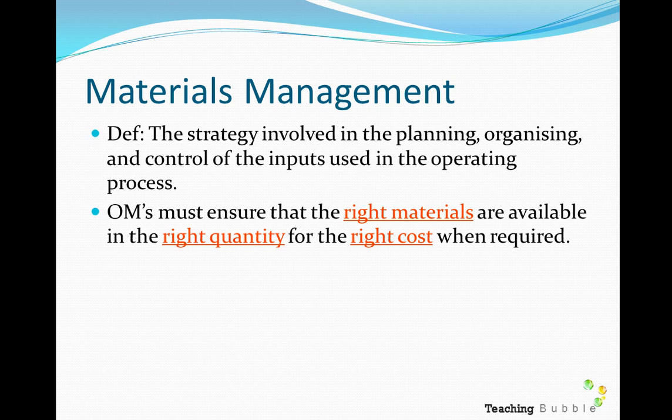But essentially you need all the correct materials so that production can continue. You need the right quantity. One, you don't want not enough, because then production will have to stop and you'll have to tell your customers that you're out of stock. But you also don't want too much, because materials that can't be used either take up space and are not being turned into outputs which can be sold.